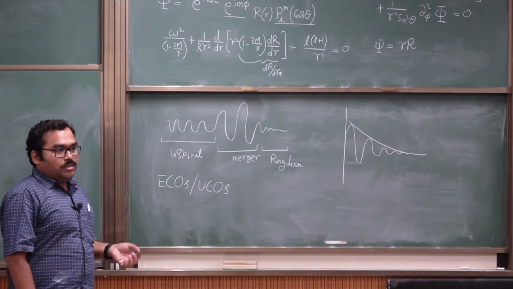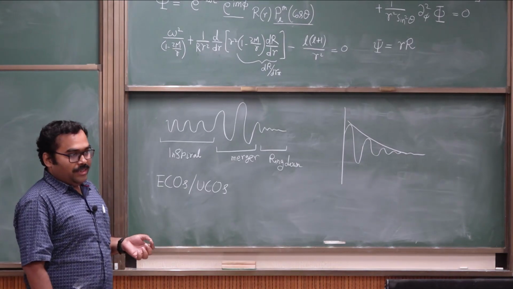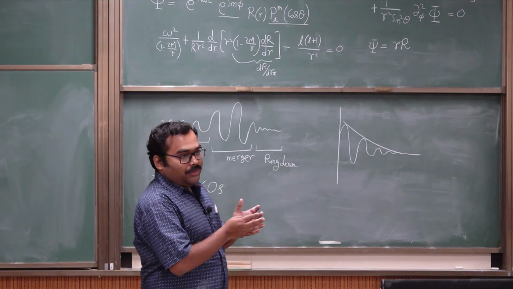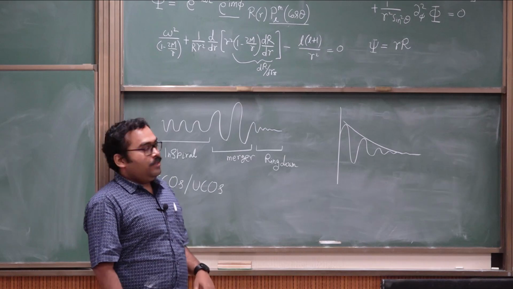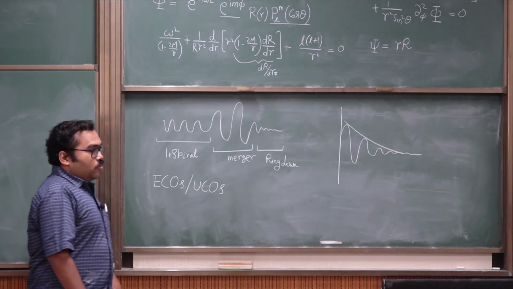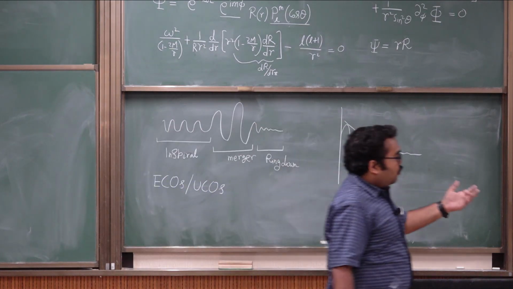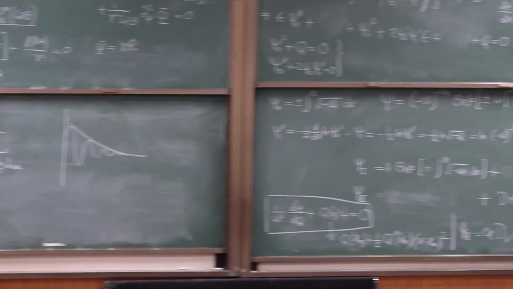The only issue with this object is how do you construct them and about their stability, in the sense of how compact can you make a star, for example. That thing I will not get into in detail, maybe in the next class I will discuss it. For those objects, the way to compute the QNM is to change the boundary condition.